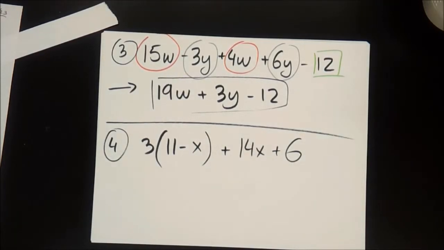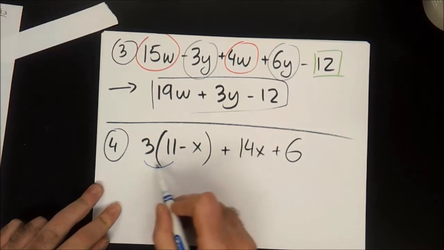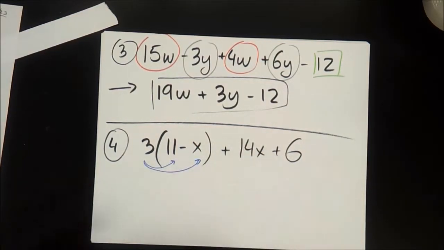Because I can't really do anything else until this parenthesis is gone. It's the highest order of operation. PEMDAS, parenthesis is the highest order. So I need to break up that parenthesis so I can do something else. The way I break up that parenthesis is by distributing whatever's outside of it, in this case the 3, to everything inside.